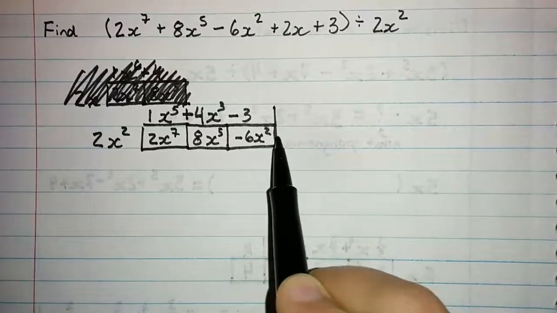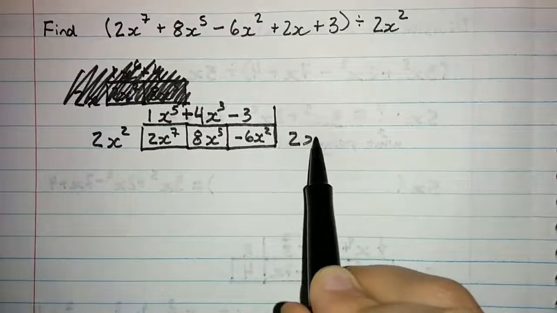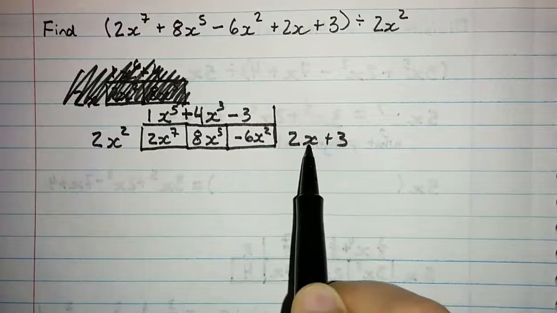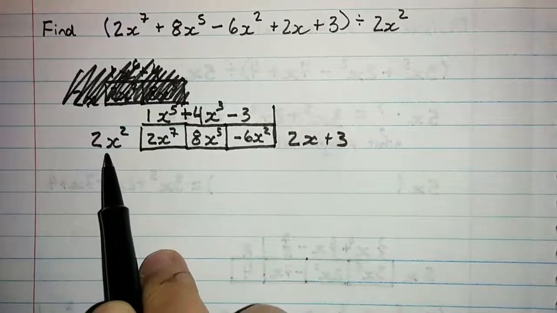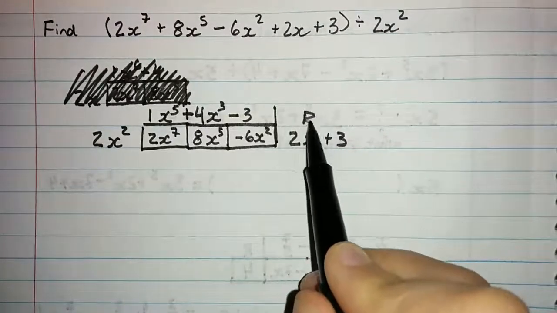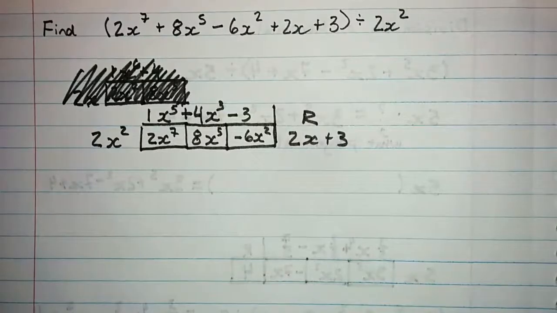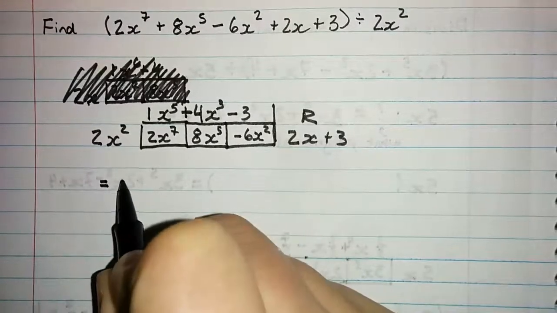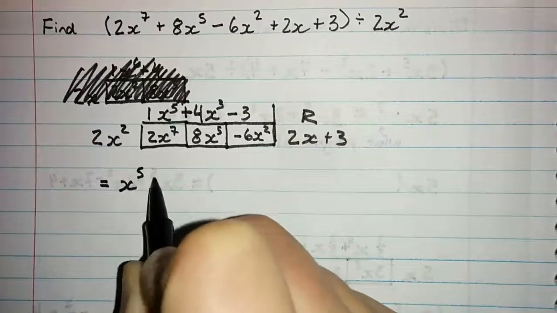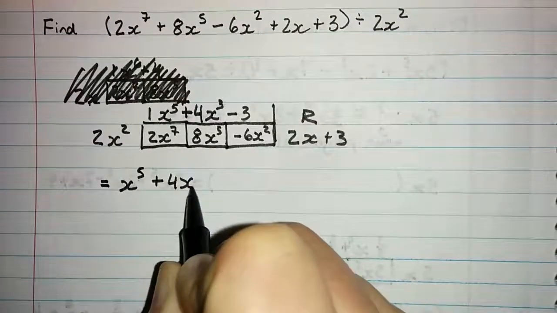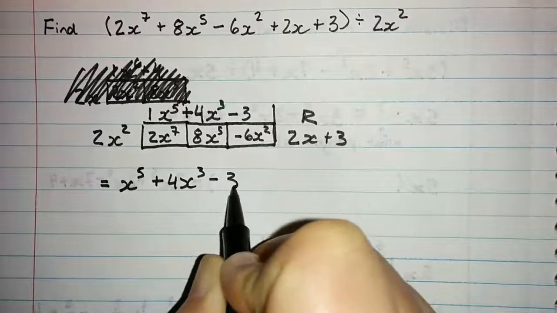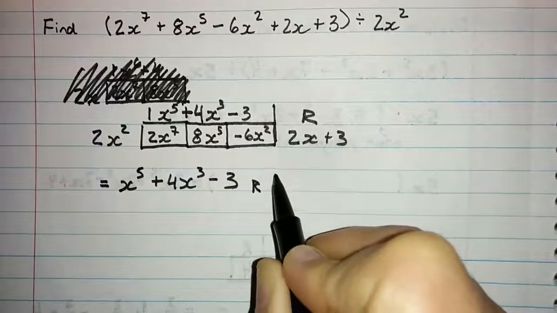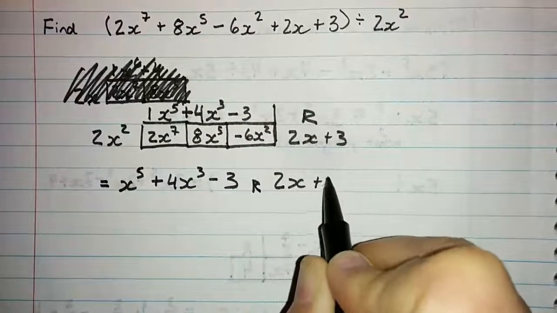So then my last two terms, these are lower degree than my 2x squared. So they are my remainder. My answer is x to the 5th plus 4x cubed minus 3, remainder 2x plus 3.